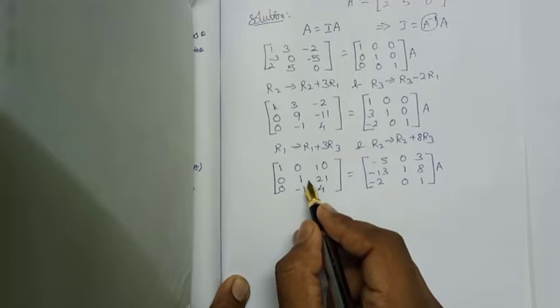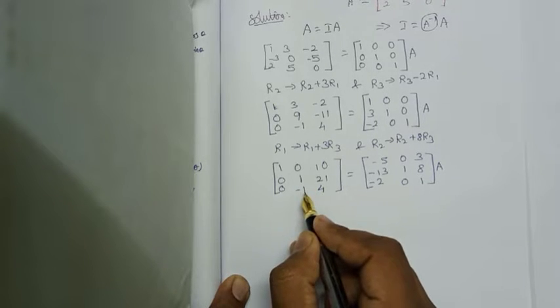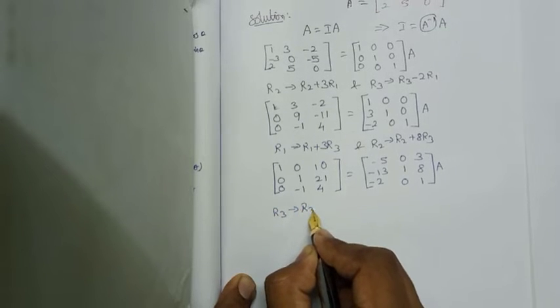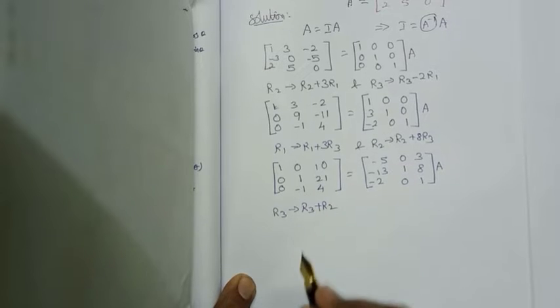So we just add these two rows, we get this entry as 0. Now applying R3 implies R3 plus R2. We get this entry as 0.